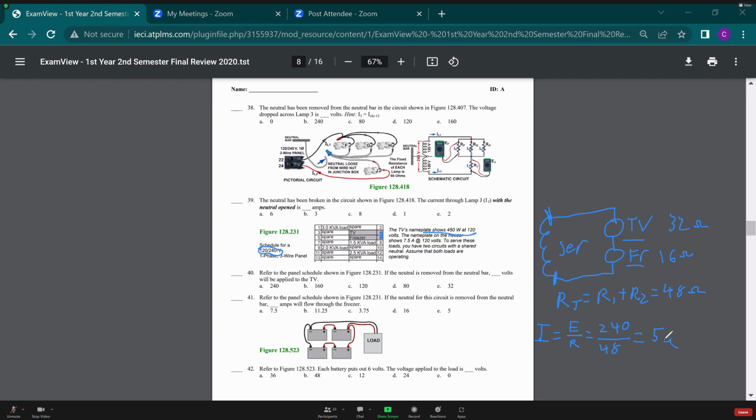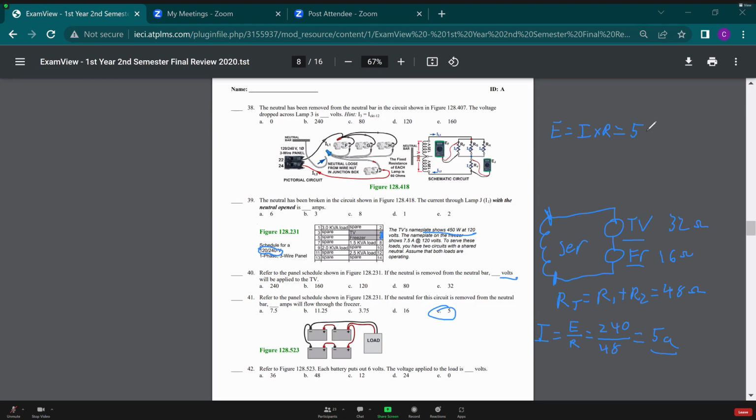If we have 5 amps total, first off, we can answer 41. Boom, 5 amps. Easy peasy stuff. Now, with our TV voltage here, because we're looking for volts, we have amps, an easy spot to work off of. We know that volts is equal to amps times resistance, ohms.